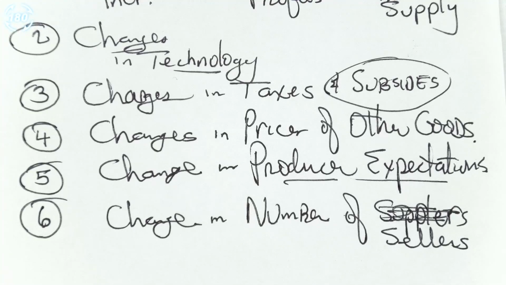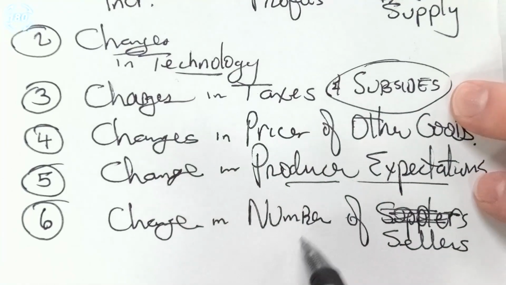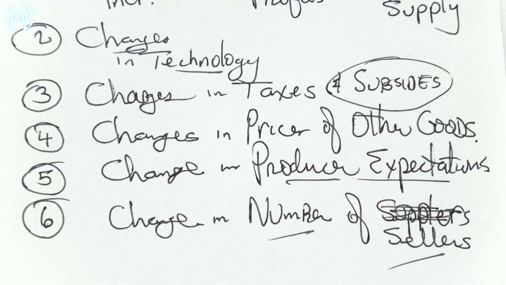I remember, when I traveled, sometimes it'd be hard to hail a taxi and get out of the airport. Now you've got Uber and so forth providing those services as well. So you have an increase in the number of sellers. These are things that would change the position of the supply curve.